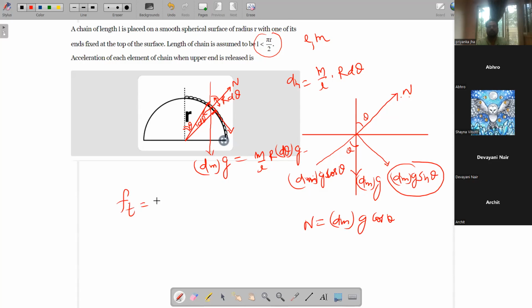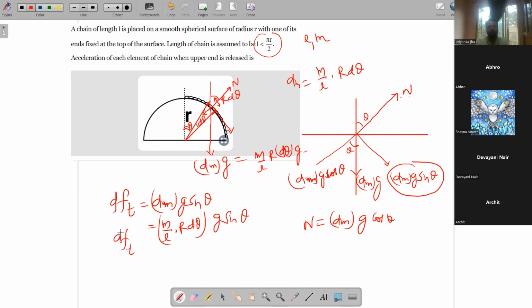So the tangential force is dmg sine theta, which is m by L into r d theta into g sine theta. This is basically a very small force, the force on this element, so let's call it df.